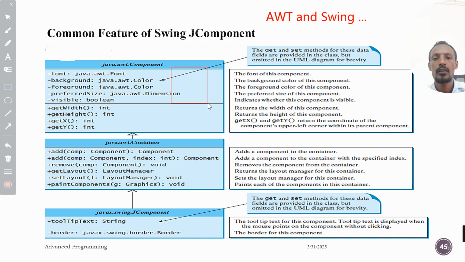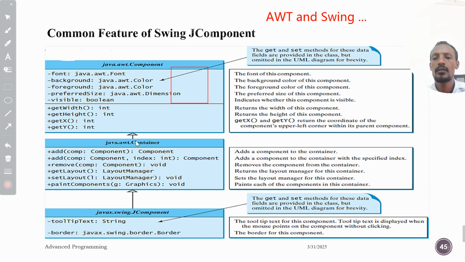The get and set methods for these data fields are provided in the class, but omitted in the diagram previously: font, background, foreground, preferred size, visibility, getWidth, getHeight, getX, getY. These are the components in AWT that are used as they are in Swing. These features are supported in both Swing and AWT.